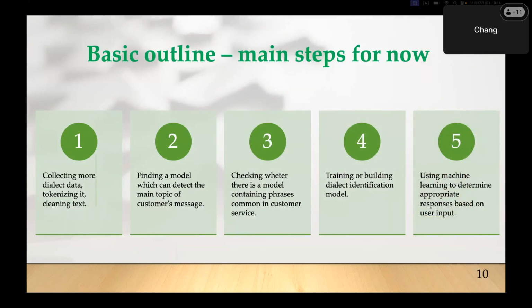As far as I know, automatically learning conversational patterns from data is one of the approaches toward creating a chatbot. So at first, of course, I have to collect more data and probably tokenize it. Finding a model which can detect the main topic of a customer's message will also be helpful. Searching for a model that contains common phrases used in customer service is one of the first tasks of the near future.